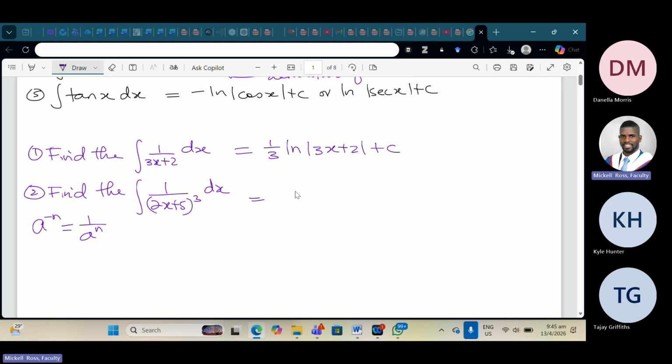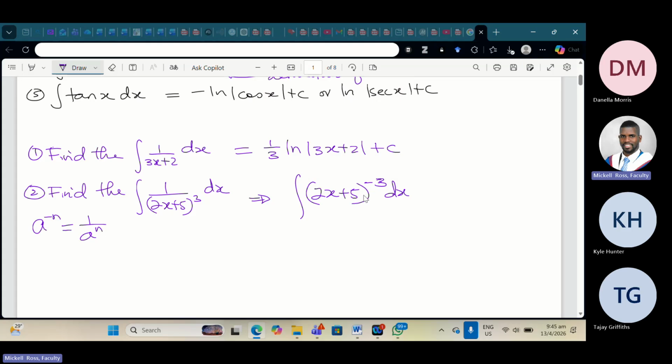So to solve this, we have to now get it in the index form, which is going to be the integral of, if all of this is a, it's going to be 2x plus 5 raised to the negative 3 dx. All right.